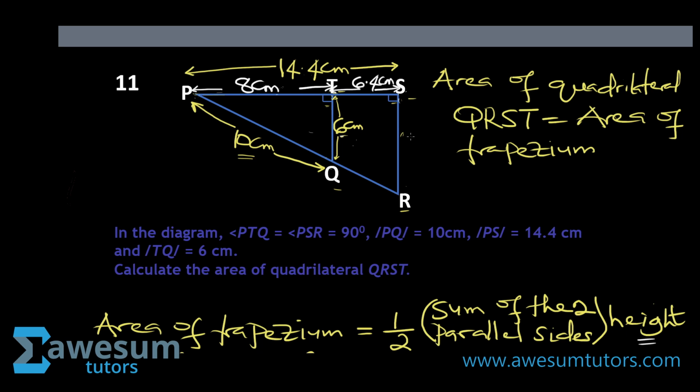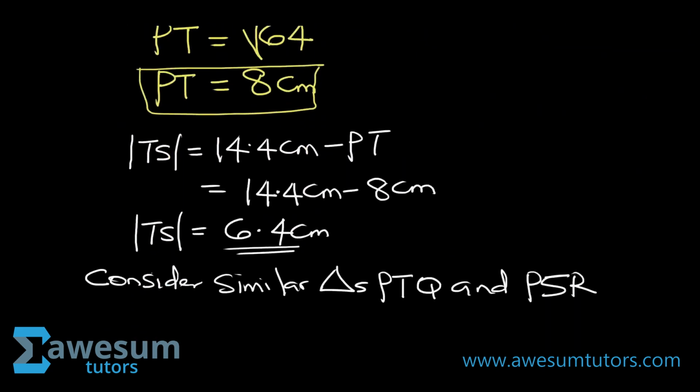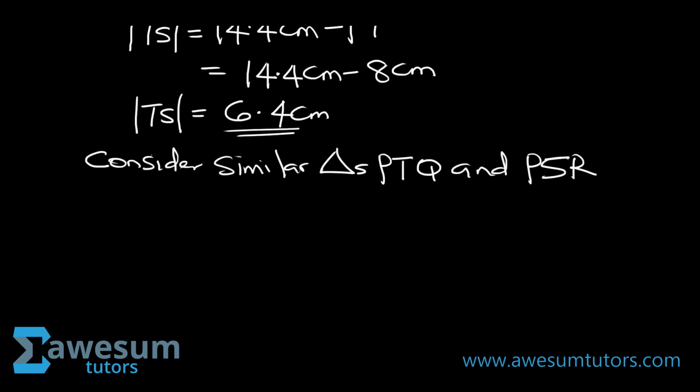I'm considering the same sides of both triangles. I'm considering this side, this one, this side, and also this side right here. So it's going to be 8/6 equals 14.4 over SR. Okay, so that's similar triangles right there. So WAEC needs your knowledge of similar triangles.